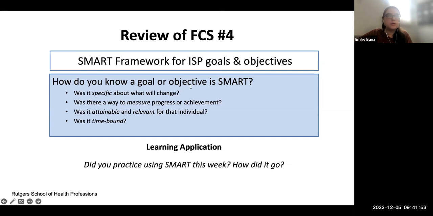Maybe it's a person who you inherited from another staff member. Review those ISPs of some of the individuals you're working with and see if they are in the SMART framework, and see if there's any improvements you could potentially make to the plan in the future, just to make sure that it is in alignment with that SMART framework. Okay.